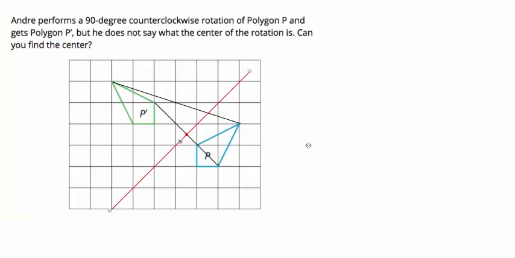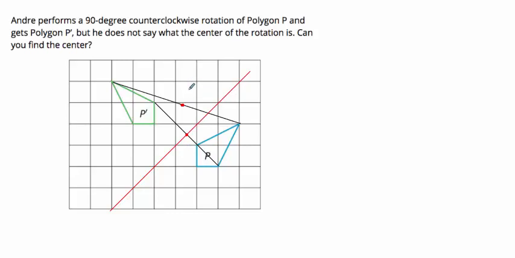And then I'm going to do the same thing with this line here. I'm going to find right in the middle. It looks like it is somewhere around right here. I'm not sure exactly. I'm going to guess it's about right there. Close enough.